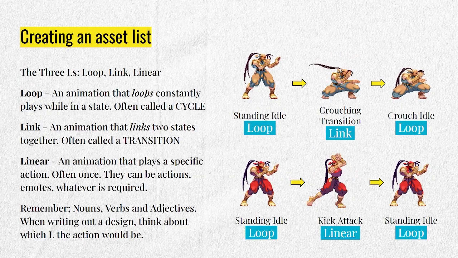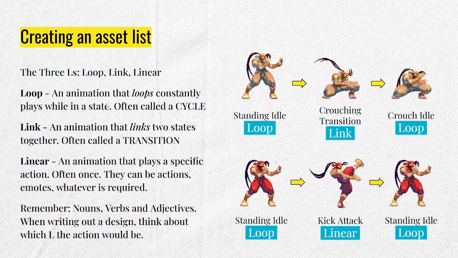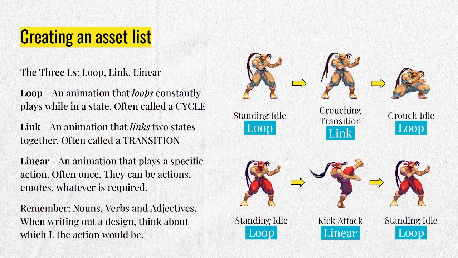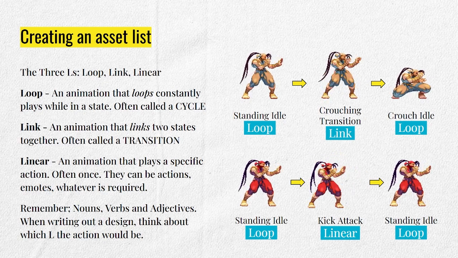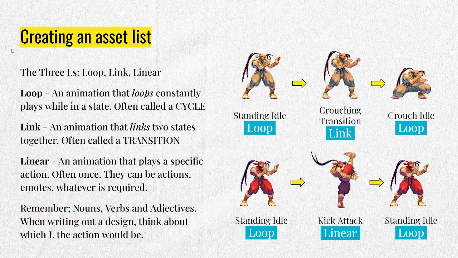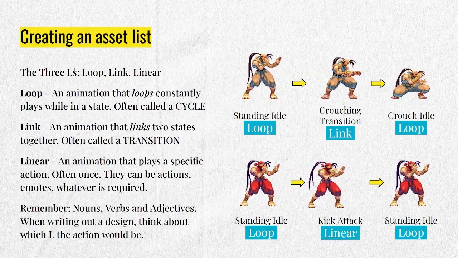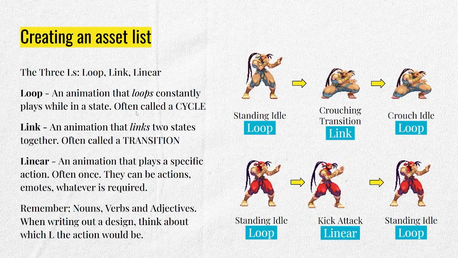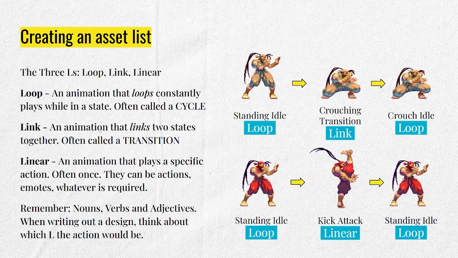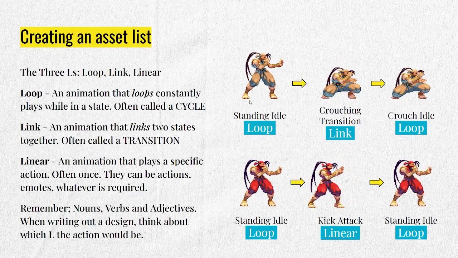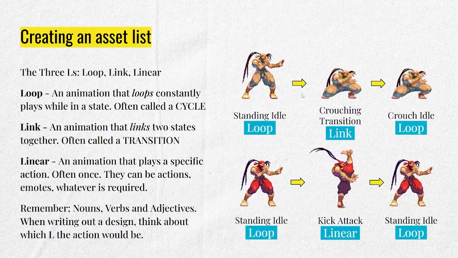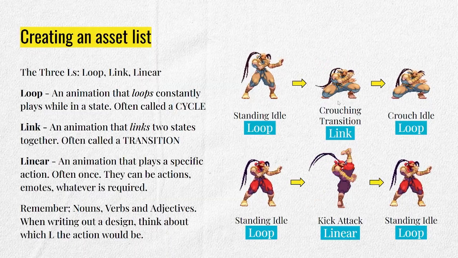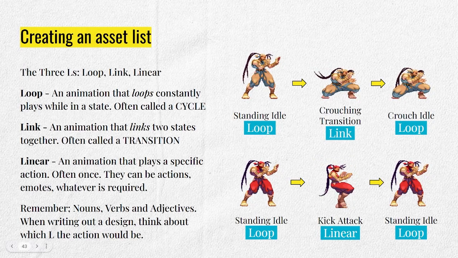Now, this is something of a repeat from a previous lecture, but I'm including it because it's very important. And I'm sure a lot of people didn't see that lecture or they did and forgot it. All states are one of the 3 L's. They are a looping animation, like a cycle; a linking animation, something that links 2 cycles together, such as a stand to a crouch, where you have the stand-crouch transition; or they're a linear animation.